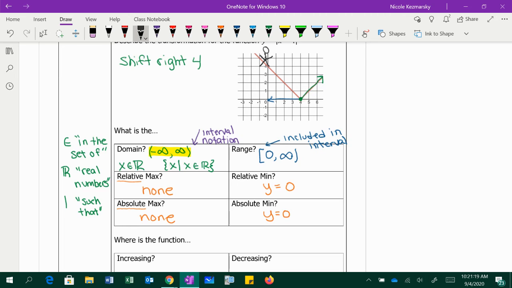Downhill is decreasing. So this right here is downhill. And that equals decreasing. Then when he gets to the bottom of the hill, so the minimum, there he is, he's going to start to walk uphill. And uphill is increasing.